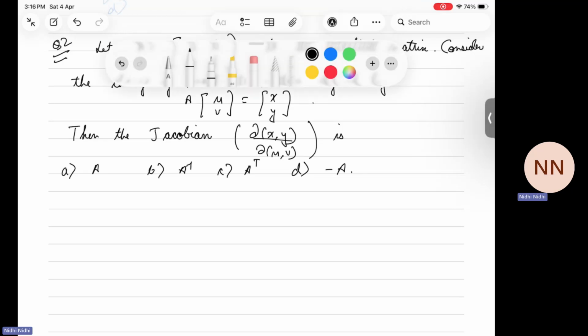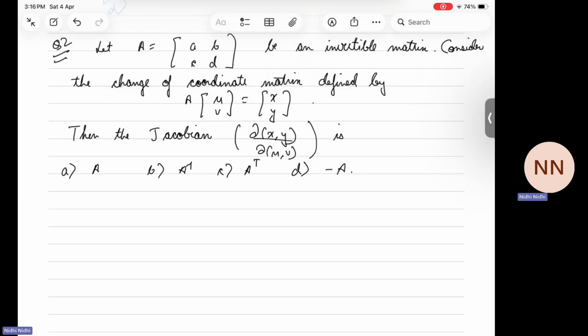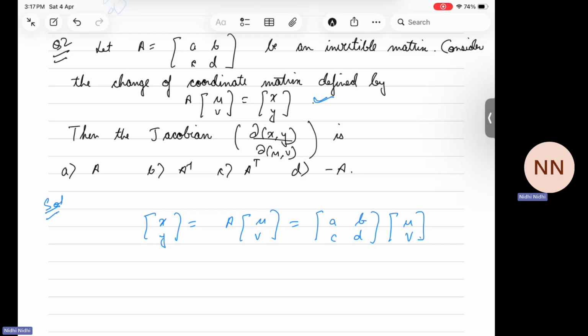So here we are given the change of coordinate is something like this. So what does this mean? It means that our xy are now equal to A times uv, where A is just the matrix A, B, C, D, and we multiply this matrix with the vector uv.